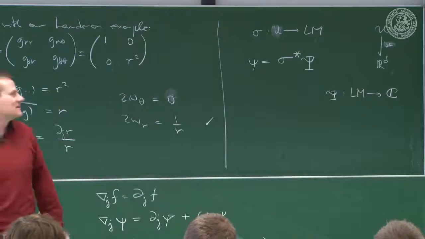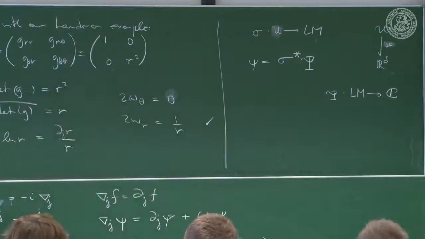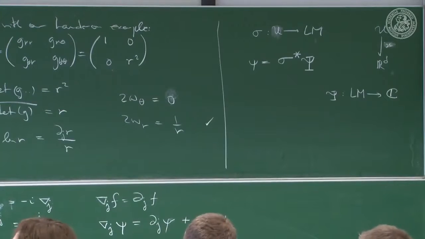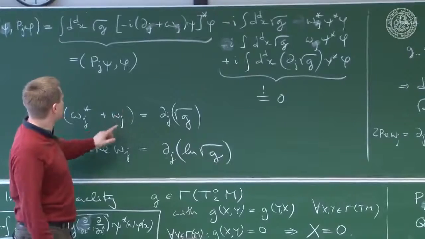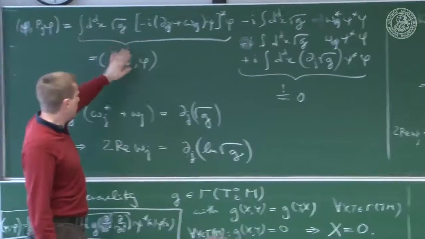Okay? So this is the first thing to keep in mind in order to understand this thing better, and we'll continue next time with that. So that's the psi on which we act.